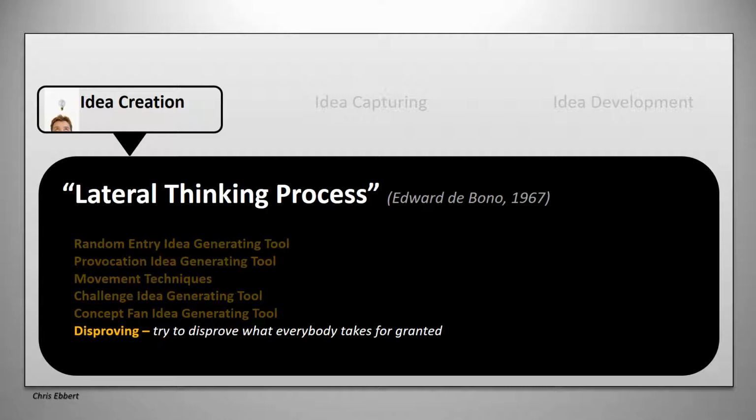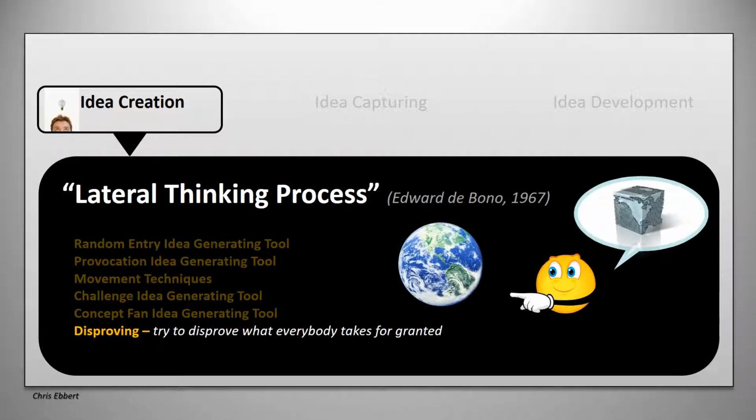Or you disprove something that everybody takes for granted. So if it is an office chair, you might say, everybody takes for granted that an office chair is black. So right there you have something that you can deviate from. You make a red one or a translucent one.